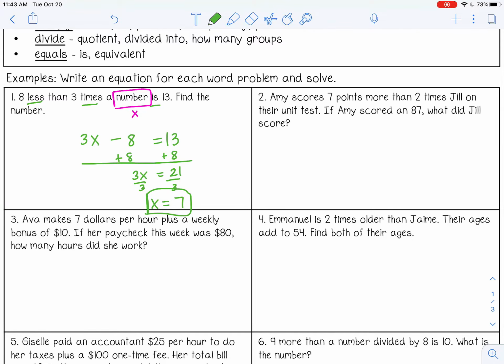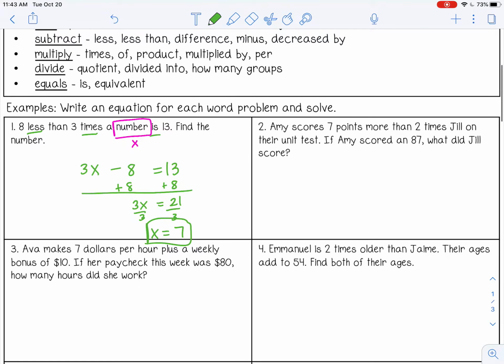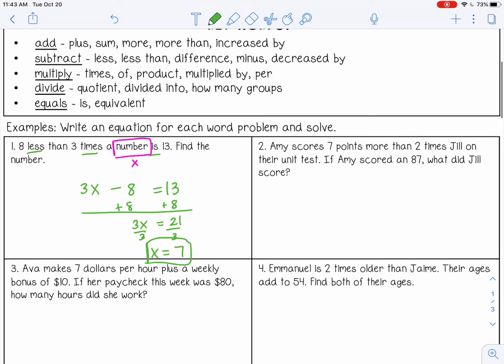All right, number 2. Amy scores 7 points more than 2 times Jill on their unit test. If Amy scored an 87, what did Jill score? Okay, so this statement right here is important. 7 points more than 2 times Jill's test. So Jill's test score is our variable.